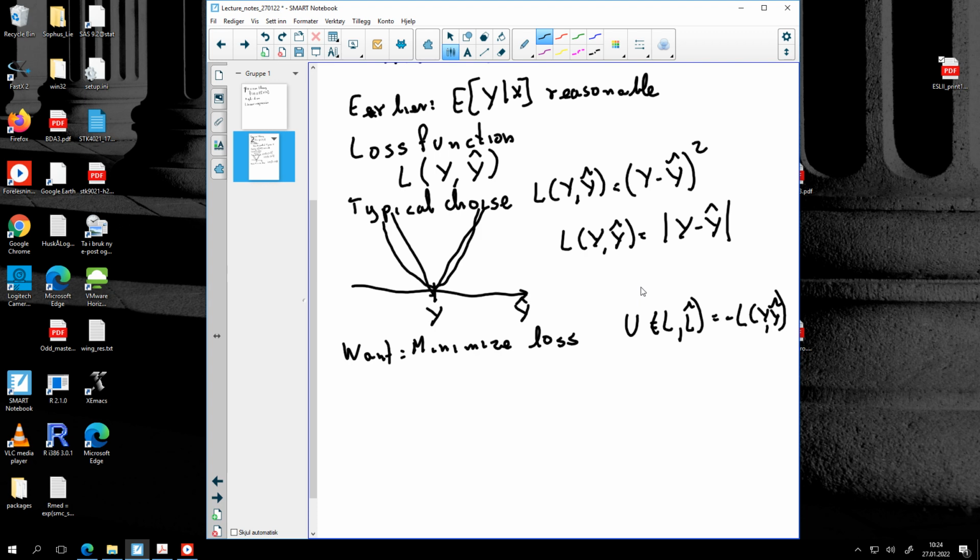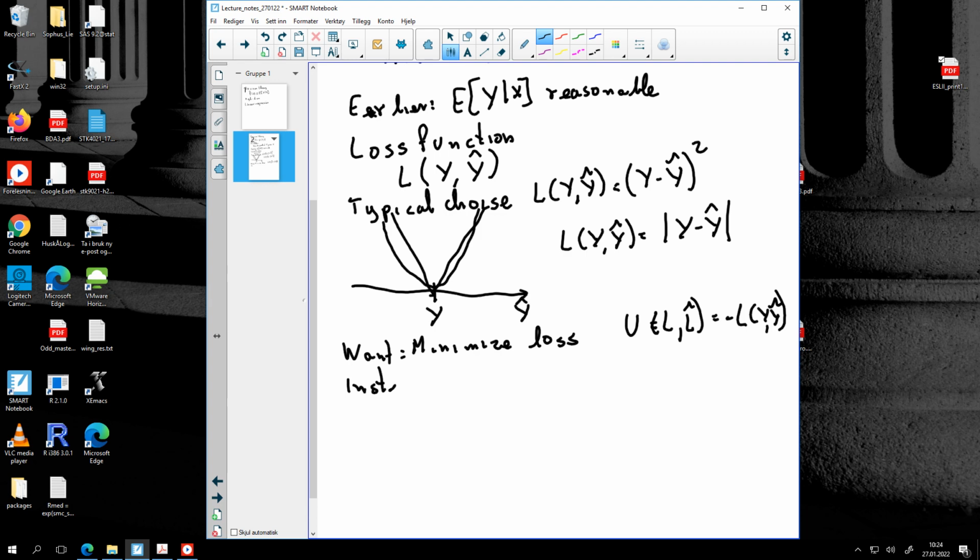The problem, of course, is that we don't know y, because that's what we want to predict. So instead of trying to minimize the loss directly, we take into account that we have some stochasticity. So there are some random variables involved.